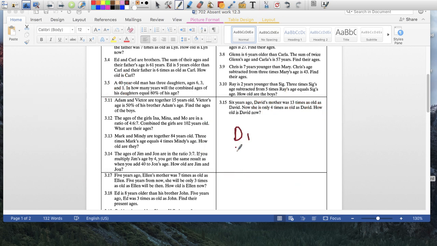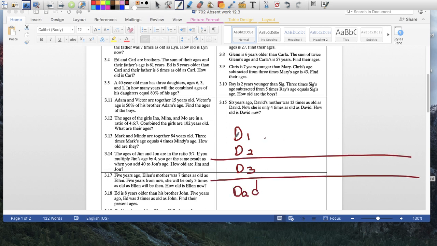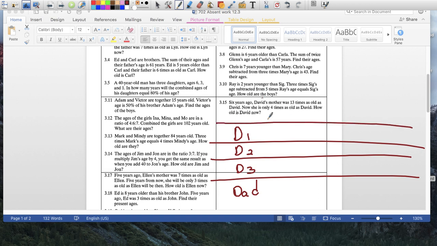So we got daughter 1, daughter 2, daughter 3. We got dad. Right? So right now, let's just call them 1-year-old, 3-year-old, and 6-year-old, right? And that is 40.